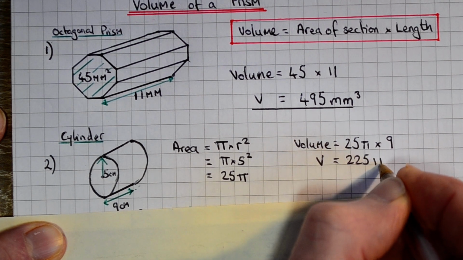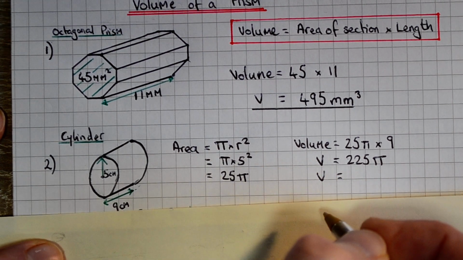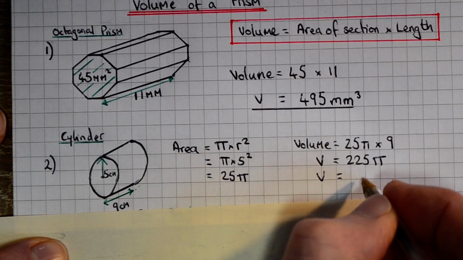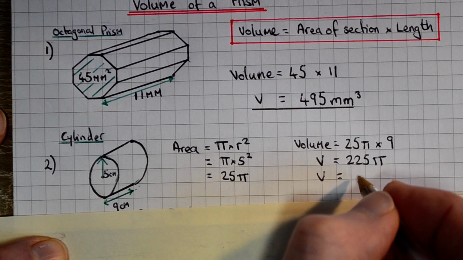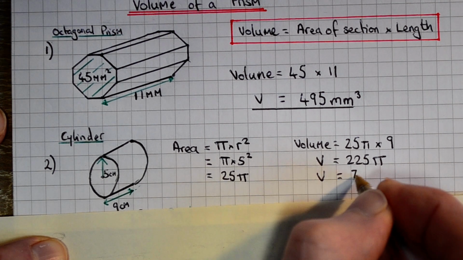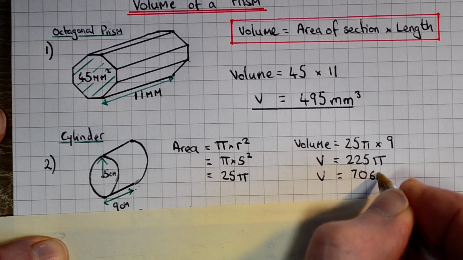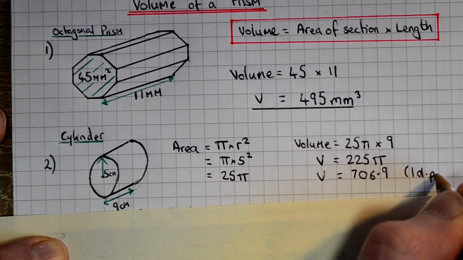So you can leave it in terms of pi, or if we're asked to write it as a decimal or to a certain accuracy, we can work out on our calculators 225 times pi, and that is 706.9, and that's to an accuracy of 1 decimal place.